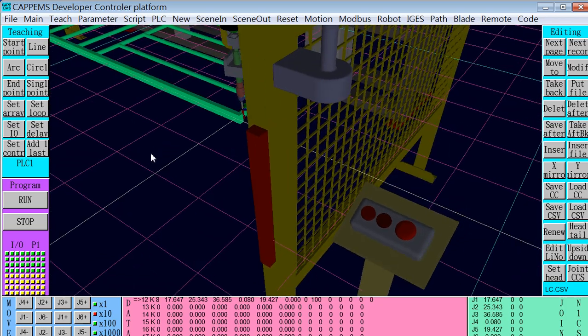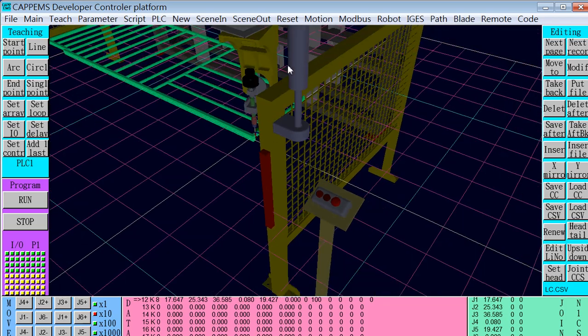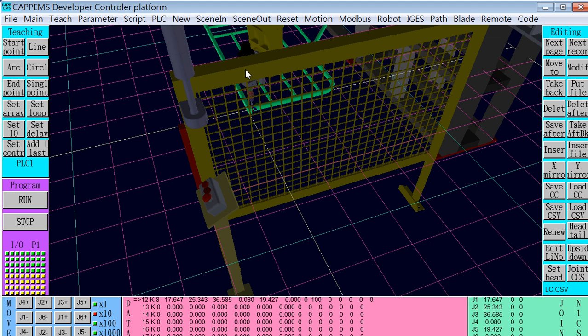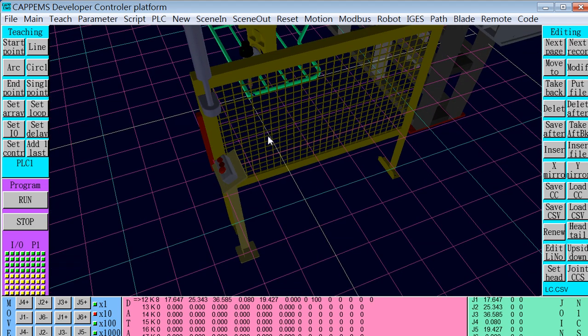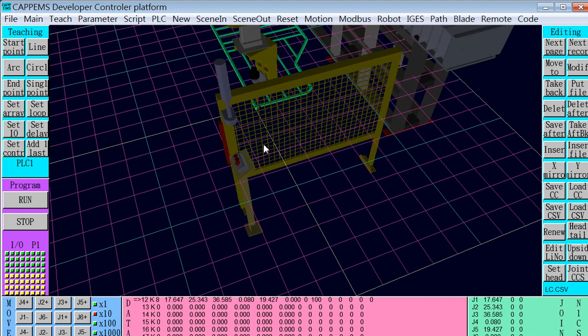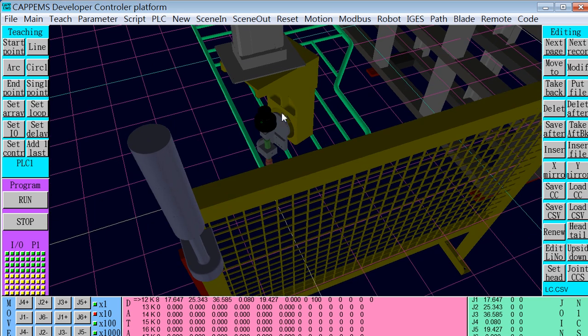At this moment, the Xi is still inclined. We have to remove 90 of J5.